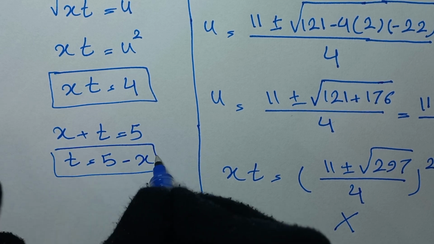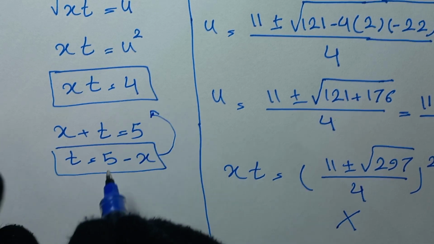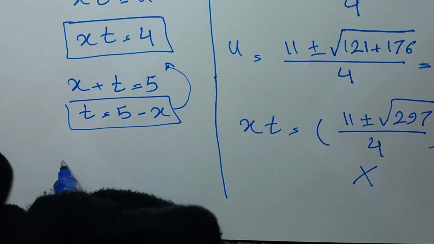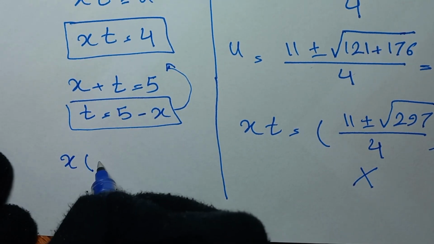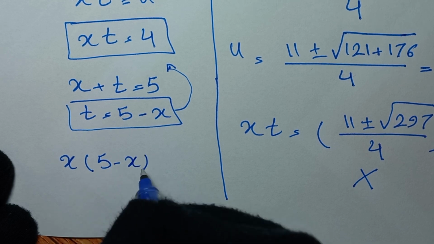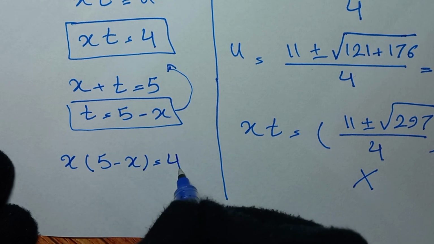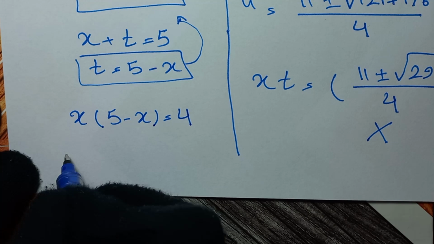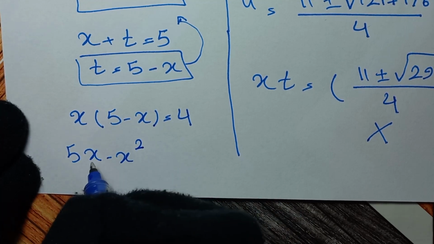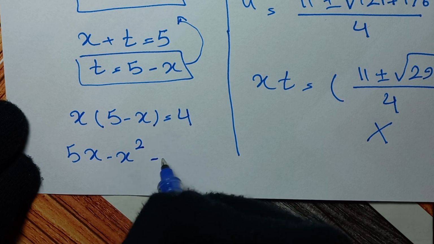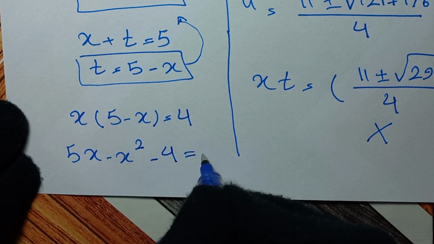And we substitute this in this equation, and we write in here x times t, and t is 5 minus x, is equal to 4, and it will be 5x minus x squared, and we take this 4 to this side, it will be minus 4 is equal to 0.